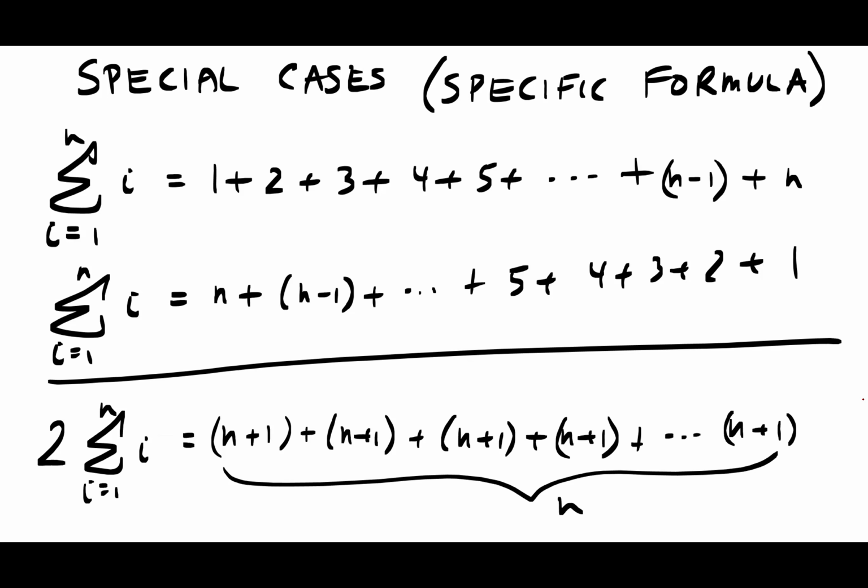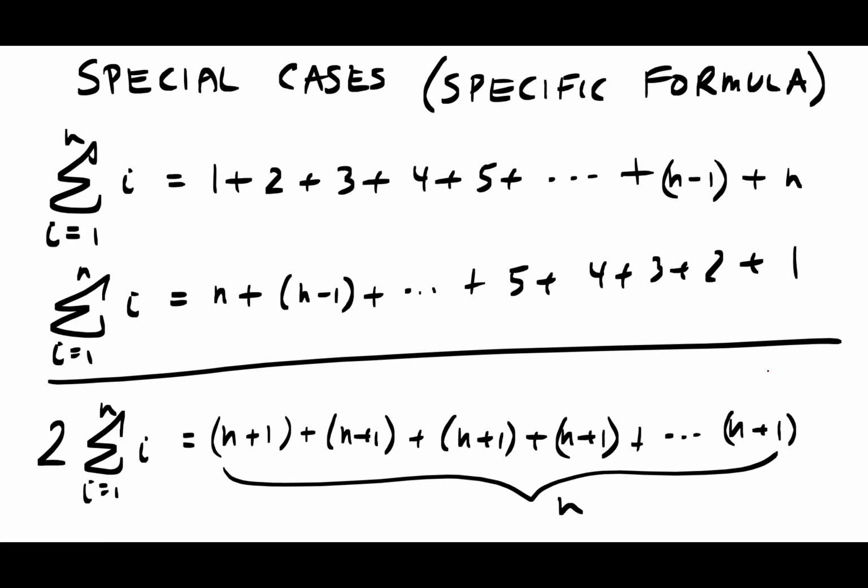This happens n times. So divide by 2, or maybe make it into a multiplier here. So it's n plus 1 times n divided by 2. That'll work.